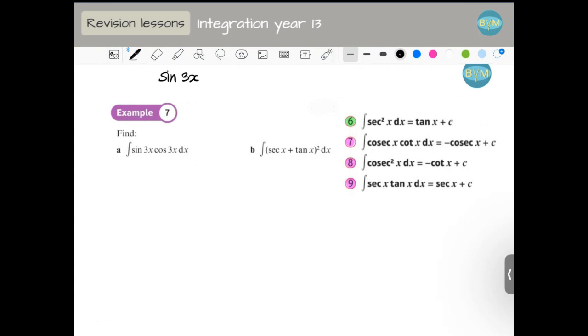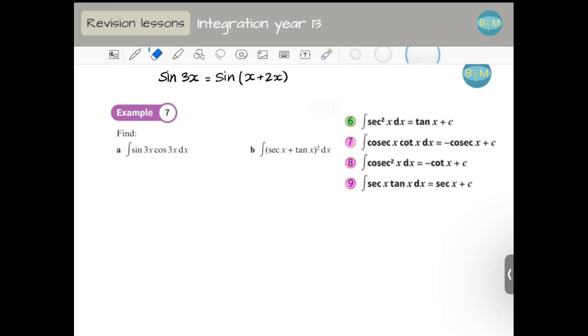What ideas can I use? Sometimes you can separate this into sine x plus 2x and use the addition formulae. That is just going to make your question much longer because you have more terms here. There is a way of putting everything in just one.